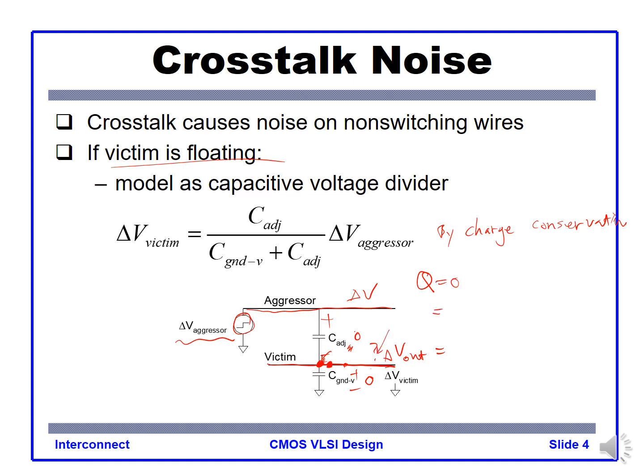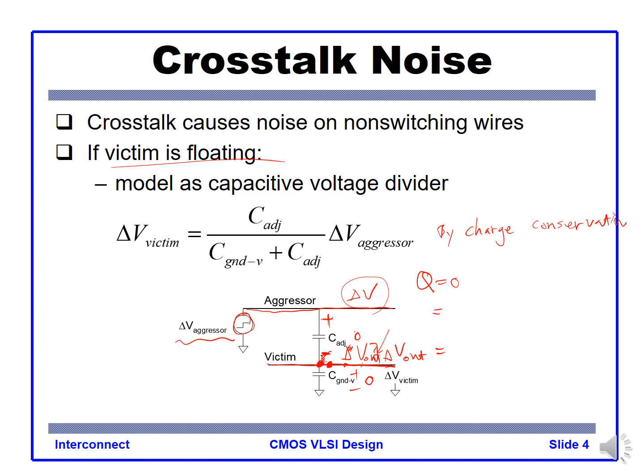How do you calculate the charge? If we have a delta V here, then this will be delta V out. So on this line, how much charge do we have?